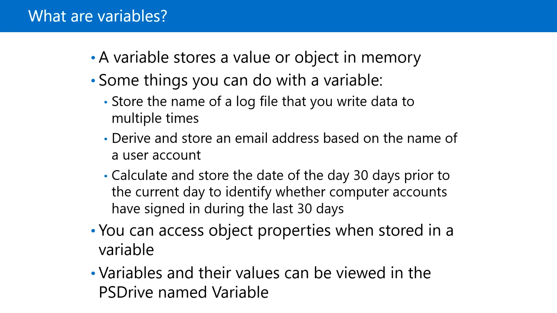For example, consider an Active Directory user object that is assigned to a variable, along with all of the properties of the user account. So let's say the user account is an object in this case, and once that object is assigned to a variable, we can retrieve all the information using that variable.